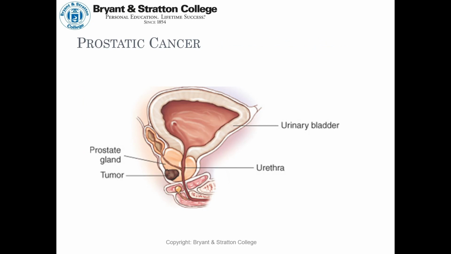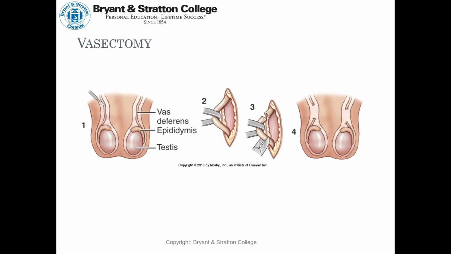You're looking here at prostatic cancer, a very dangerous condition. A vasectomy. So vasectomies are essentially where a portion of the vas deferens gets removed, and at that point, sperm will no longer exit the penis.